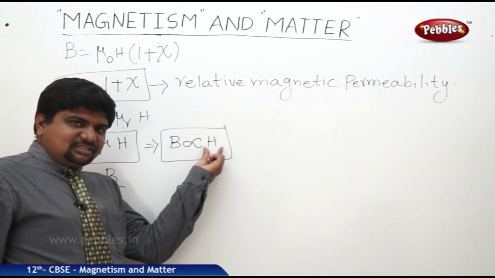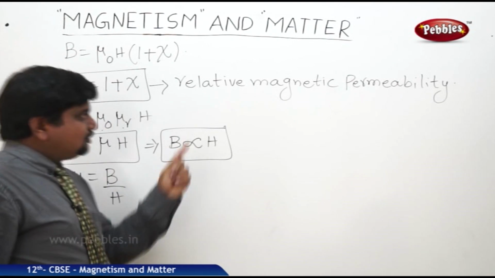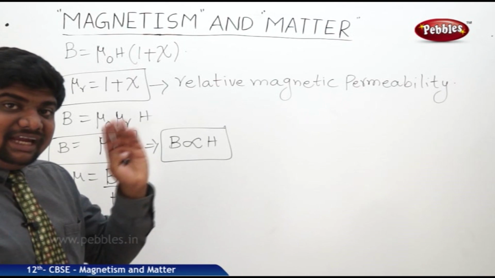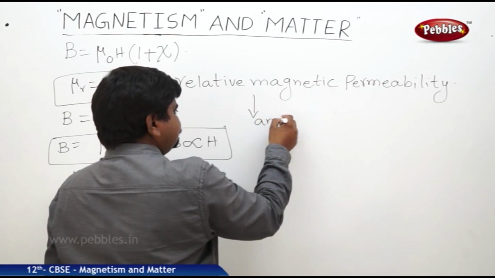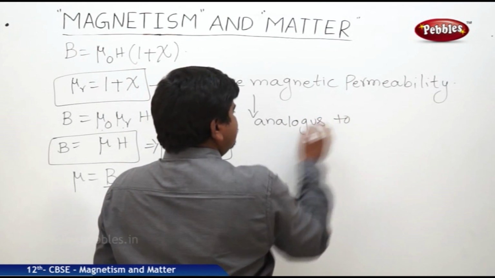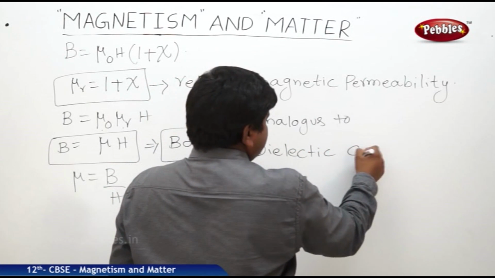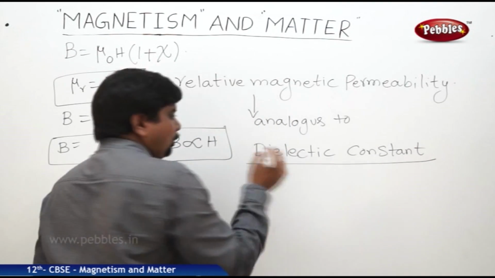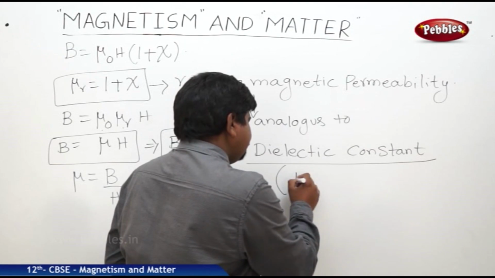The units and dimensions of H are similar to those of B. This relative magnetic permeability is analogous to the dielectric constant K in electrostatics.